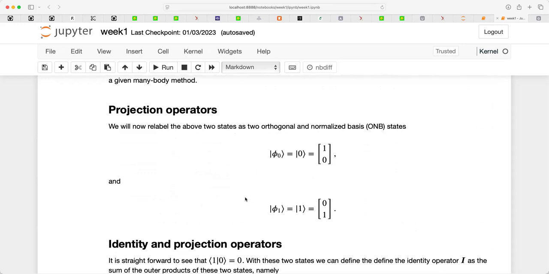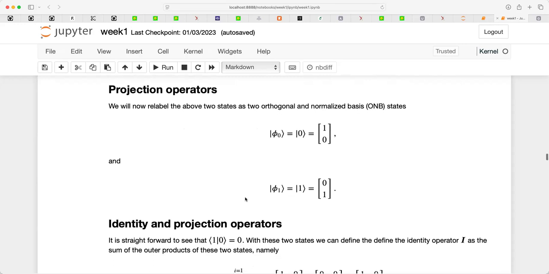Bit 0 is represented by this 2 times 1 vector, and bit 1 by this other 2 times 1 vector. This defines a computational basis for 1 qubit. Sometimes I will write it like phi 0, but in general I will just stay with 0 and 1, as you see here.